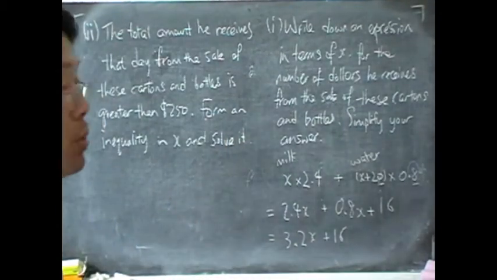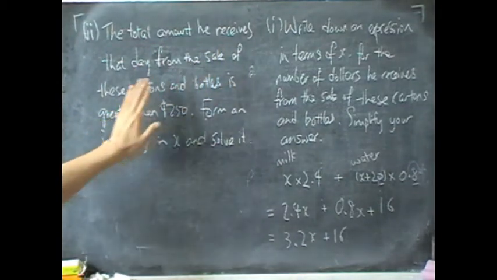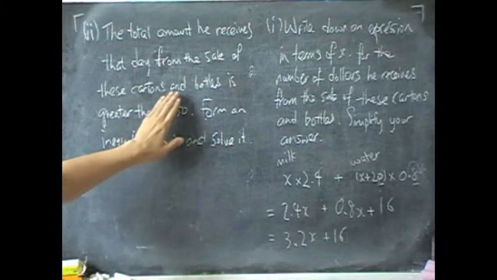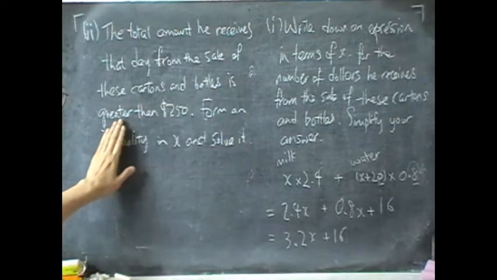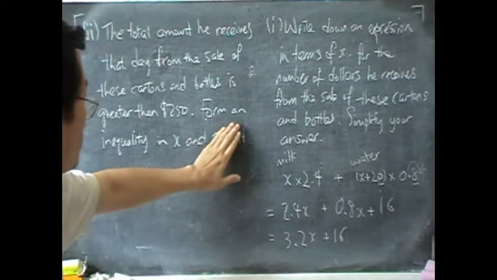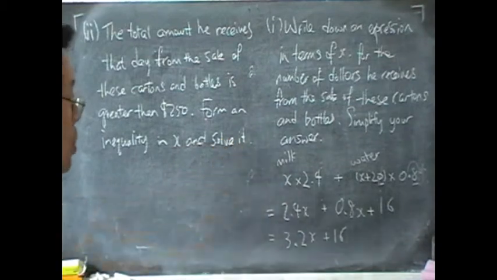The next part of the question: the total amount he receives that day from the sale of these cartons and bottles is greater than $250. Form an inequality in X and solve it.